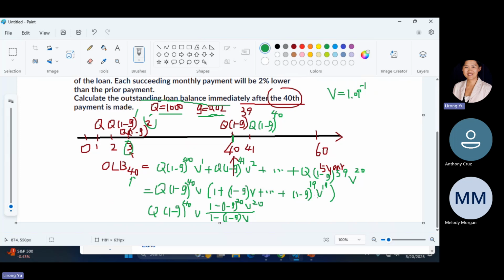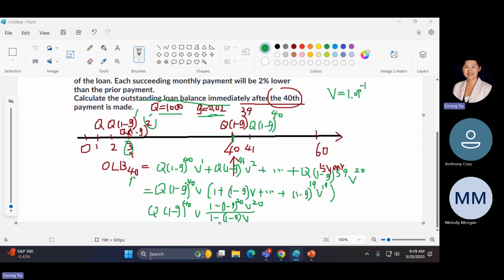Basically, it's 0.98 over 1.09. And then the rest of the calculation, we're going to put into a calculator.